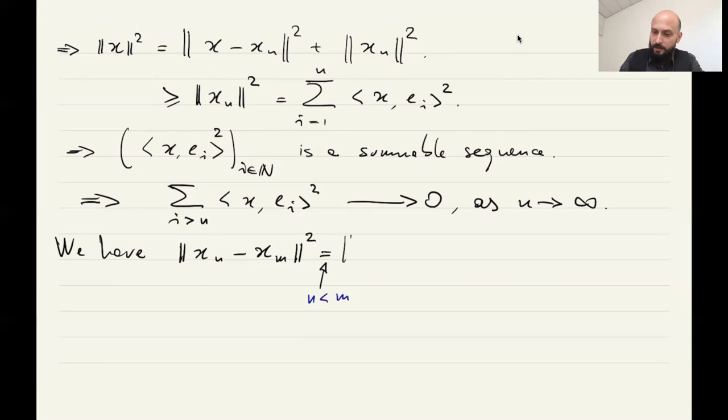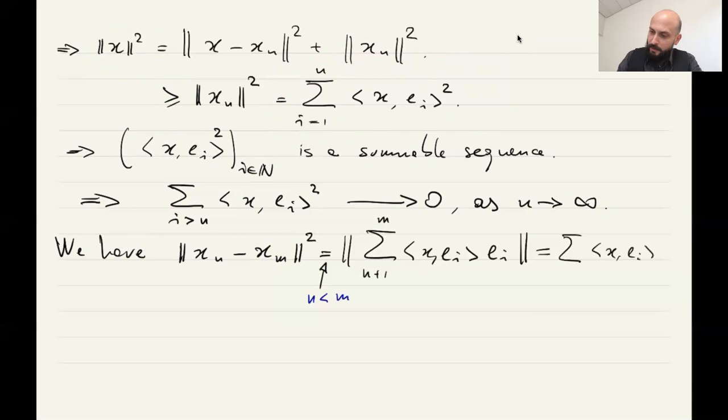So what we get is the sum from n plus 1 to m of <x, e_i> e_i, which by orthonormality is the sum of <x, e_i> square from n plus 1 to m, which is less than the sum up to infinity.